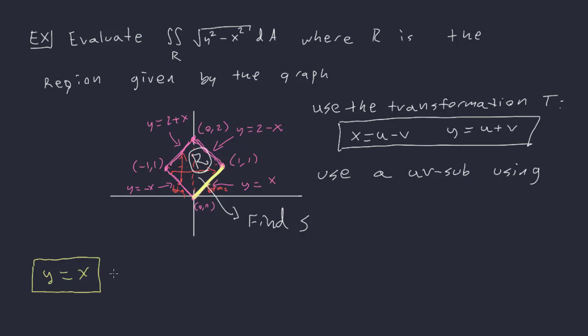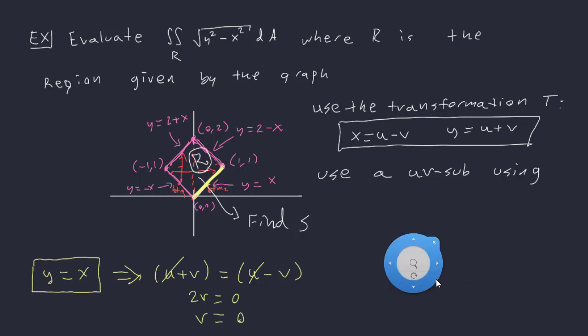Then I'm going to replace the y and the x with their transformed versions. So y is u plus v, and x is u minus v. Now the u's cancel on both sides, and I can move this v over to get 2v equals 0, so we get v equals 0.